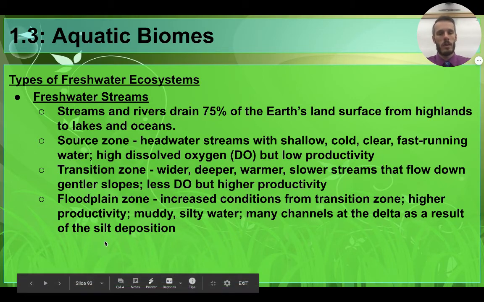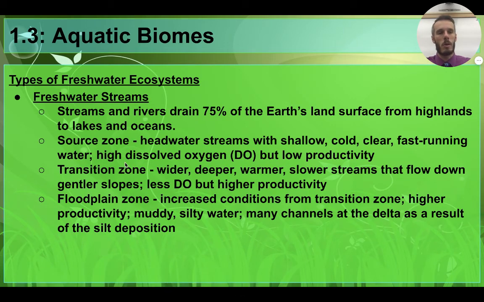If we're talking about around here, source zones would be the small streams that you see, like little creeks. And then the transition zone, we would be talking about the larger streams and even the Allegheny or the Monongahela would be those transition zones too.